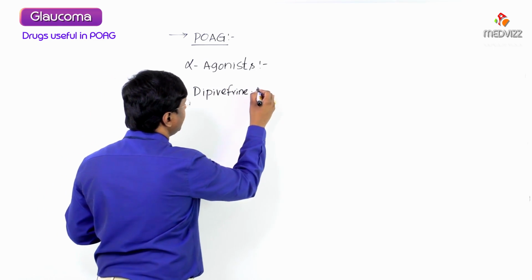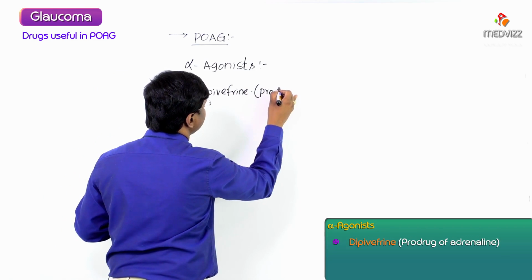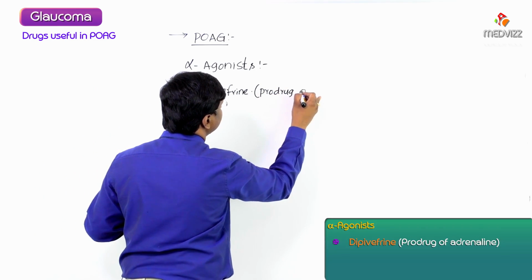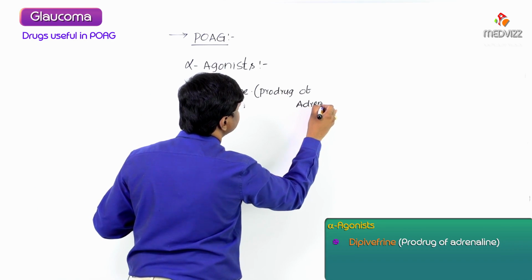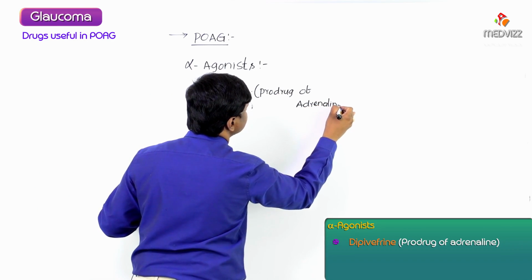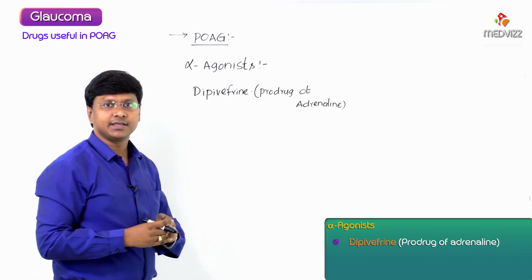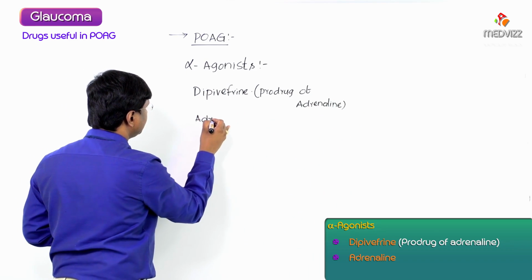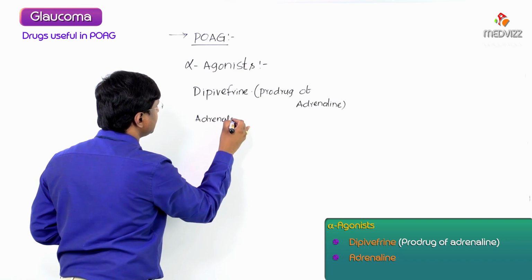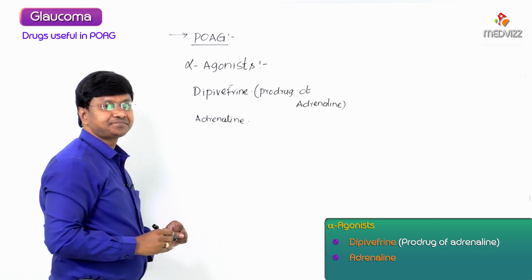Dipivefrin is actually the prodrug of adrenaline. The other drug is adrenaline itself.